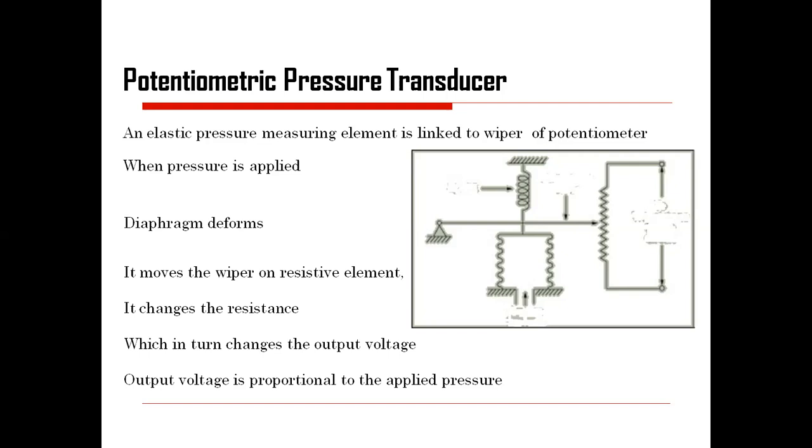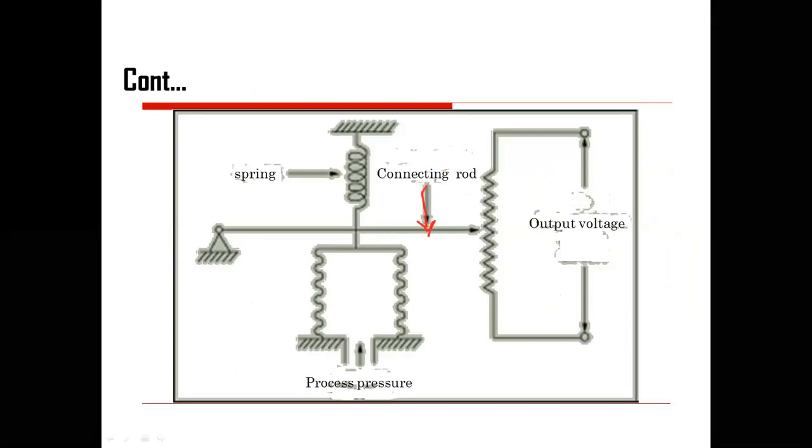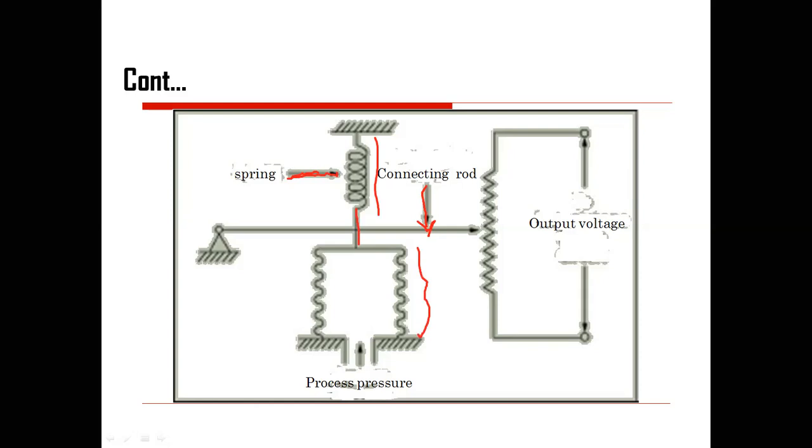Now, how this one works is shown in this particular slide. Whatever I have specified in the previous one, this is the connecting rod, or pointer also we can say. This rod is linked between your bellows and the spring. This spring is having some tension, and bellows, as we have seen, is elastic type, so it can be elongated or it can be compressed.